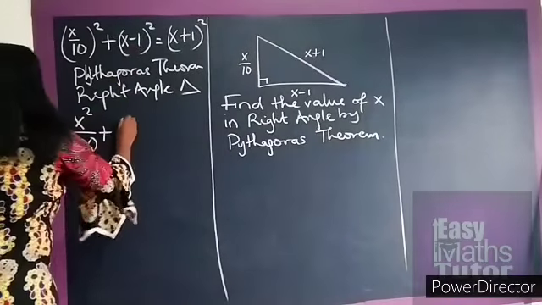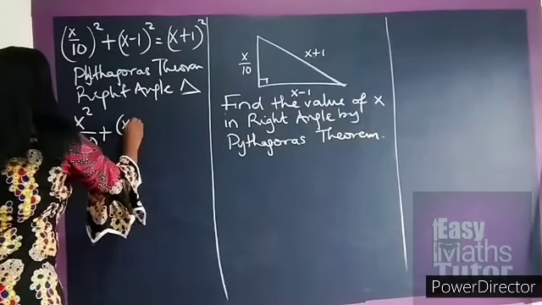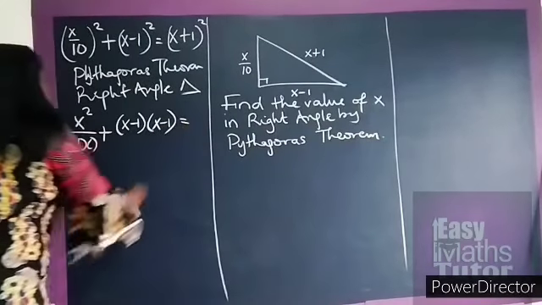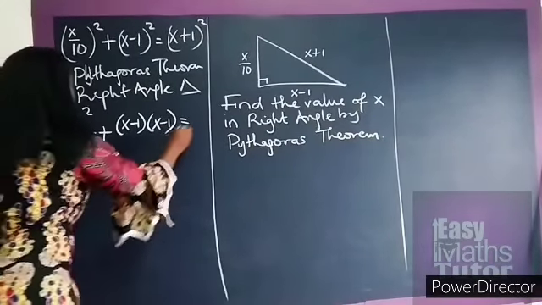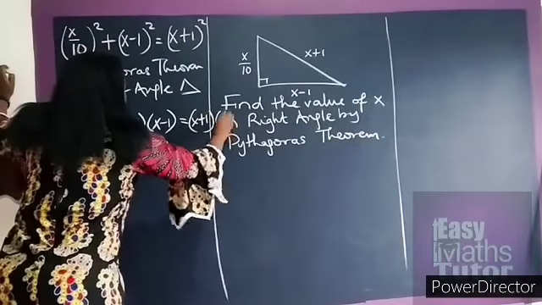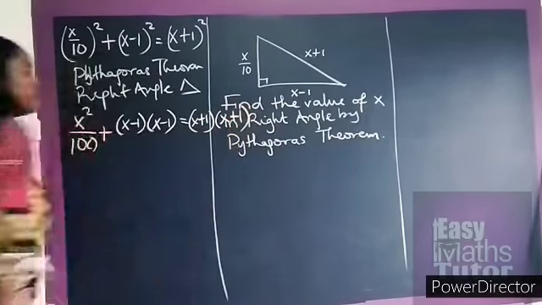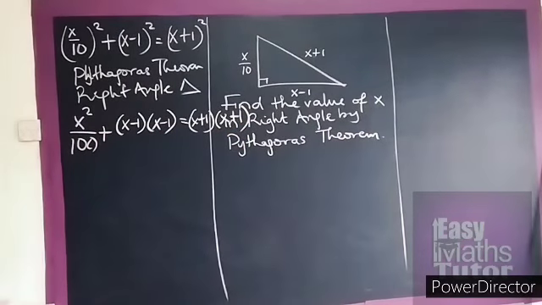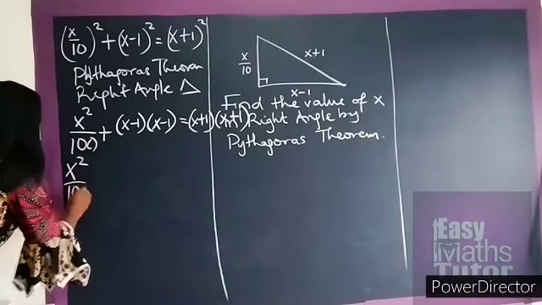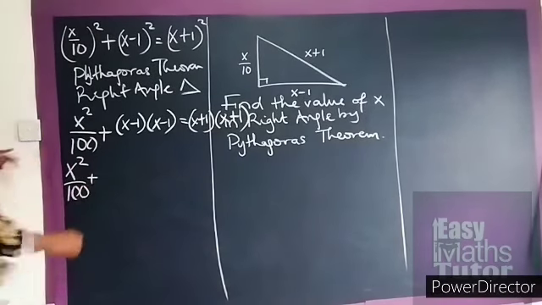Plus, we're going to square this x minus 1, x minus 1, equal to x plus 1, x plus 1. Alright? So we expand them all. So all we have is x squared over 100 plus.